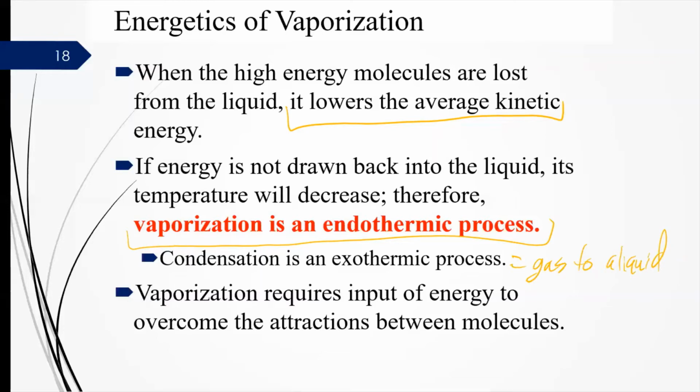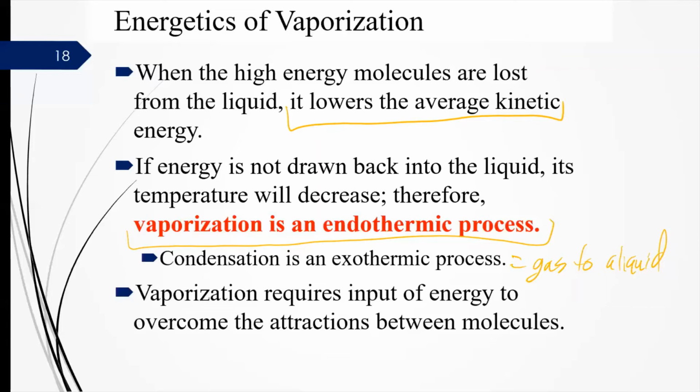Now, you might know vaporization as being an endothermic process if you've ever sweated. When you sweat, your body is allowing that water to get to the surface where it can then vaporize, it can evaporate away. And as it evaporates, then we lose that energy and we feel that endothermic reaction.